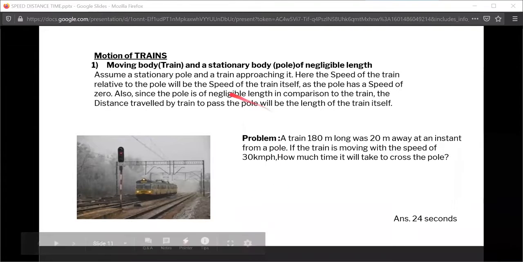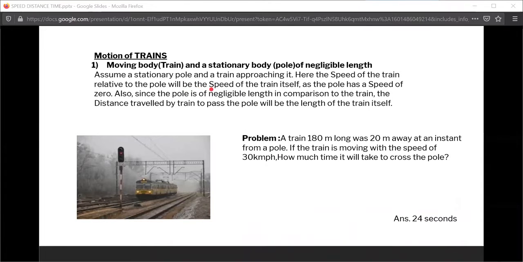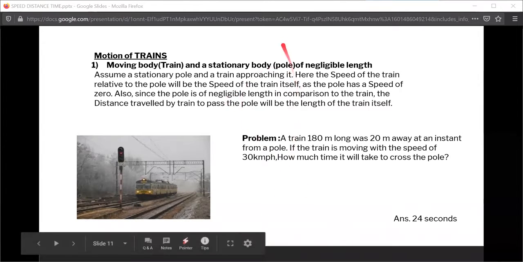The first case will be a moving train and a stationary body such as a pole. And if I talk about the length of a pole, we can say that it's almost negligible. So if we want to find how much time a train takes to cross a pole, the distance that we need to consider is just the length of the train. So let's see a problem based on that.